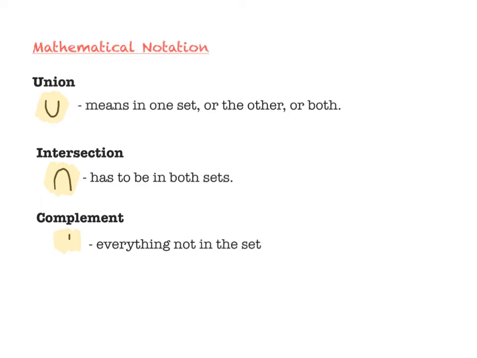When you have the union or the intersection, we can use or and. So if you think of union, so it's in one set or the other or both, the important word there is or. Intersection has to be in both, so it's in set A and in set B.